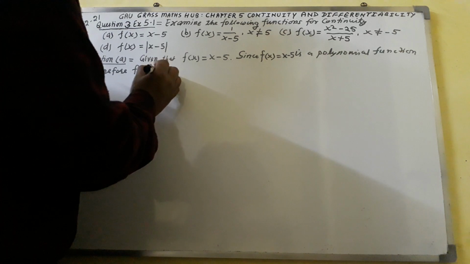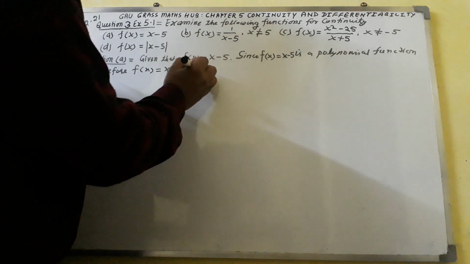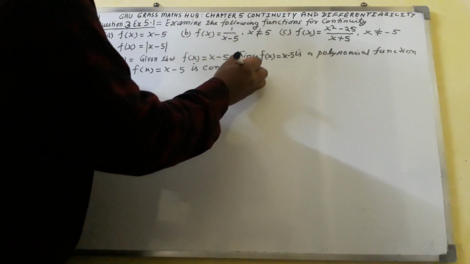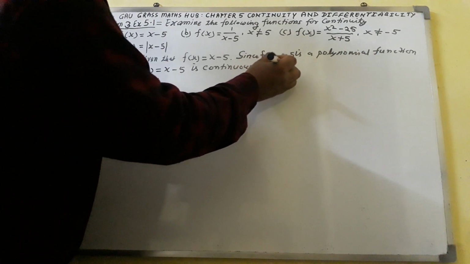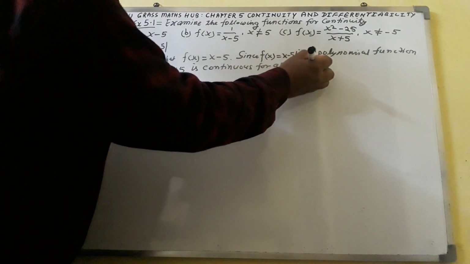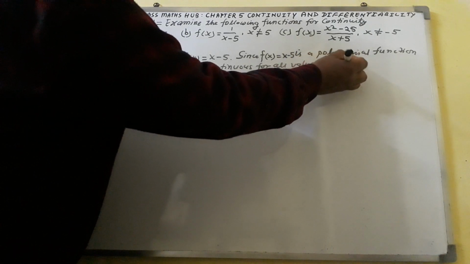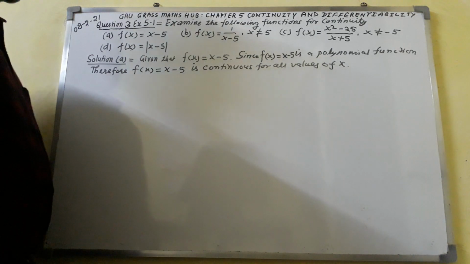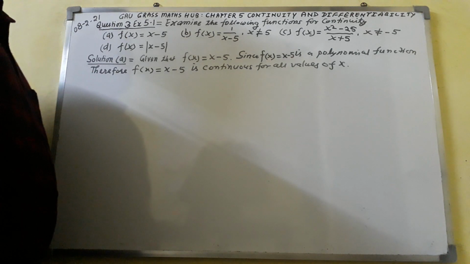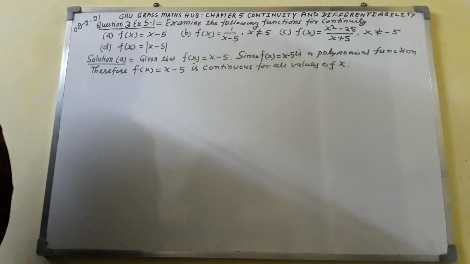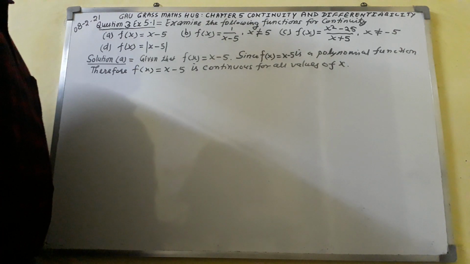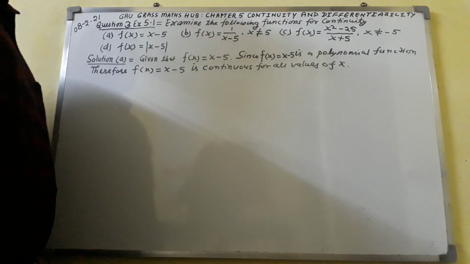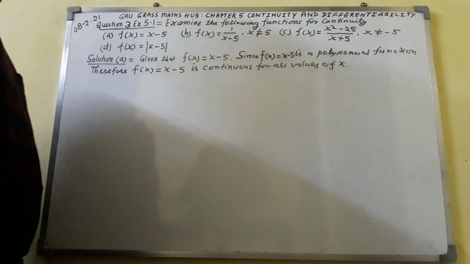Therefore, f of x equal to x minus 5 is continuous for all values of x.